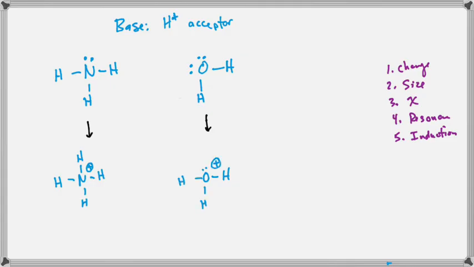And we now have our conjugate acids. Now I want you to think back, or if you're watching the video at home, you can rewind. Why did we draw the conjugate base?